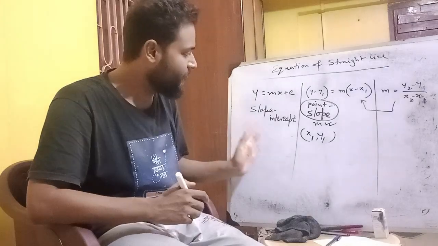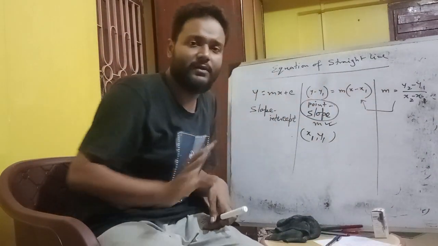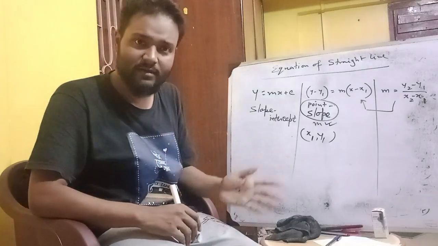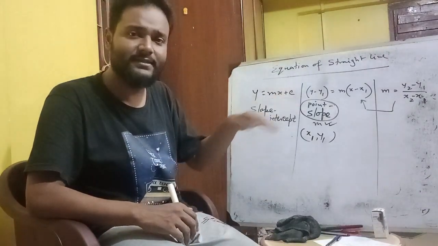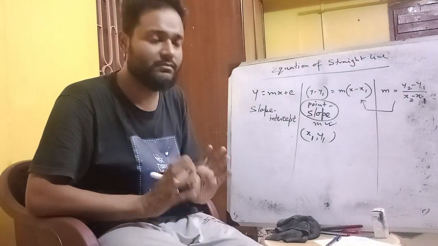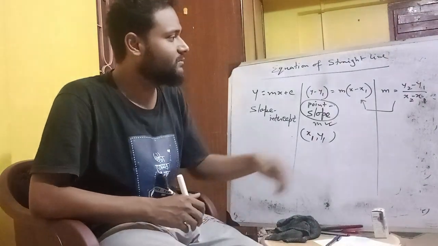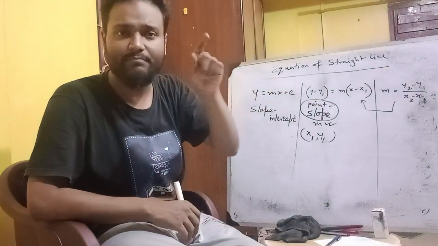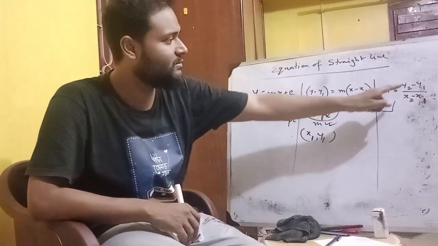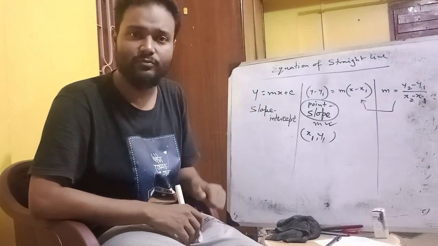I will give an example of each type. Next, this one. Slope is not given, y-intercept is not given. What is given in the question paper is that a straight line passes through 2 points, one is x1, y1 and another is x2, y2.